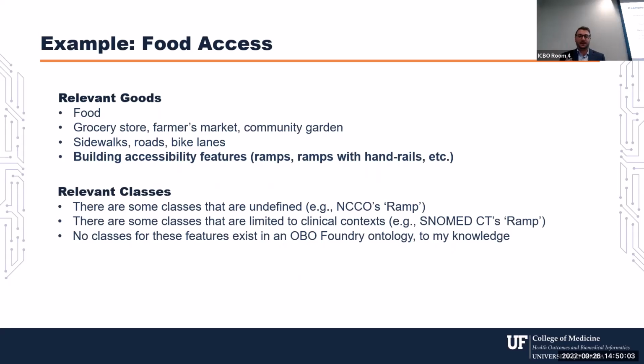But for all of the other accessibility features that I looked for, there weren't any classes to represent any of the other ones, for even just accessibility construction features in general. So this is an area of work that probably should be addressed if we actually want to be able to provide some sort of structured data to map out and use for cases related to food access.